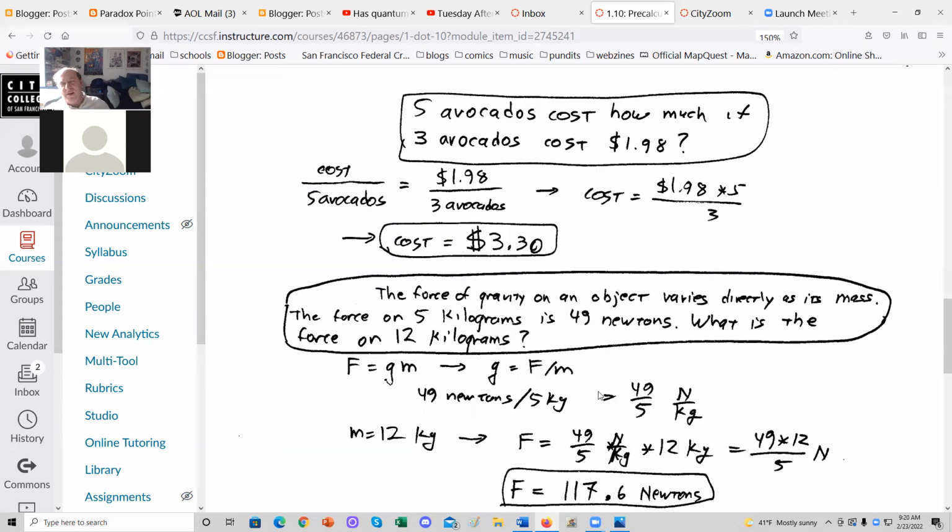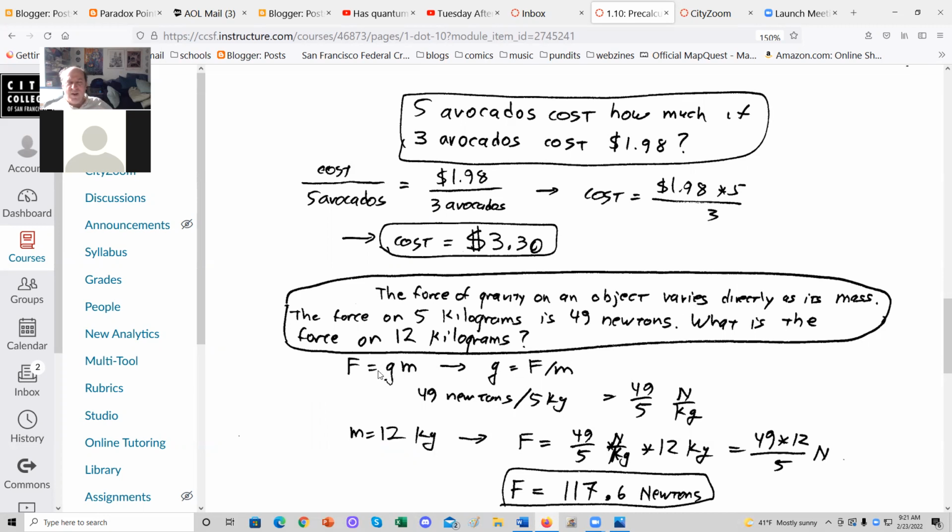Here we have something about the force of gravity on an object varies directly as its mass. The force on 5 kilograms is 49 newtons. What is the force on 12 kilograms? Well, okay. The force equals a constant G times M. So, okay, because it's a direct variation.